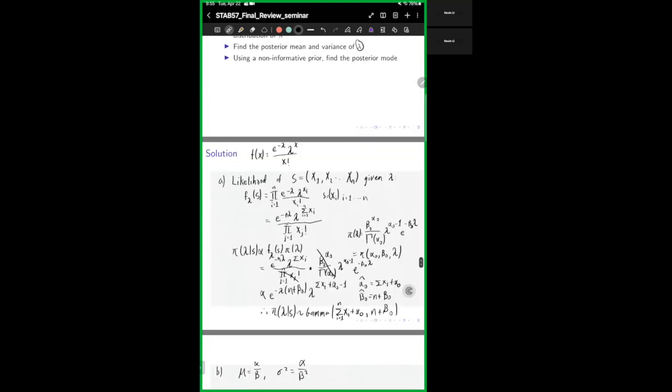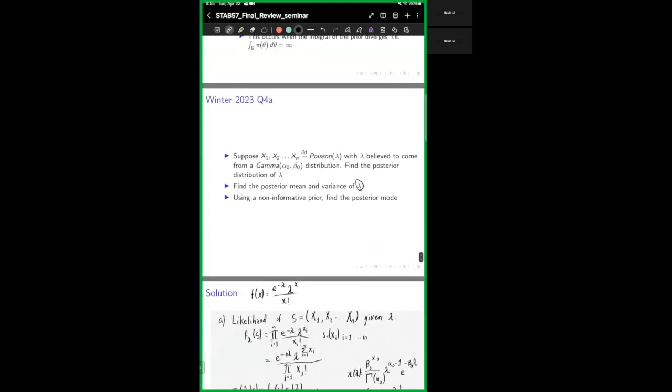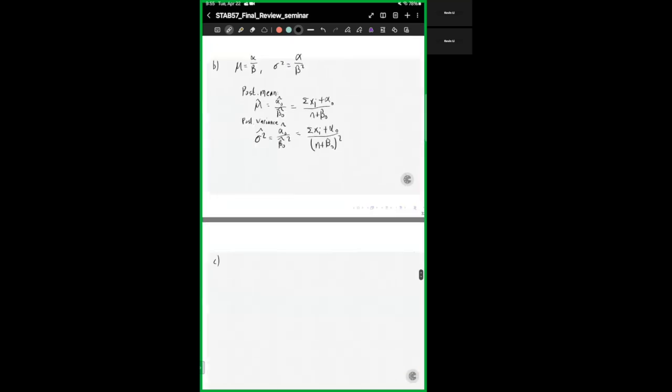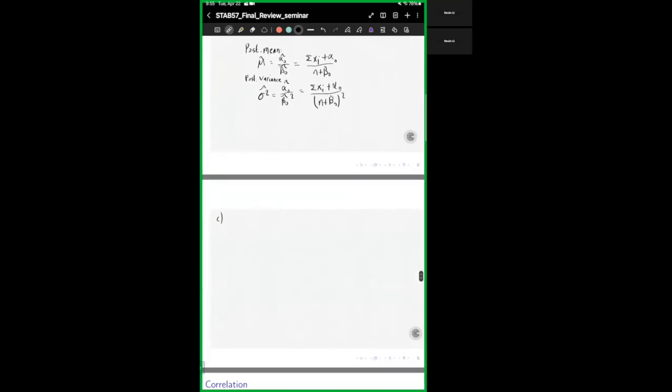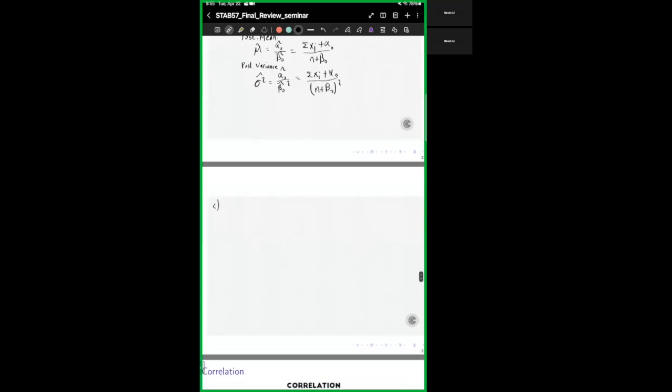Finally, using a non-informative prior, find the posterior mode. So under a non-informative prior, we do not have any favors toward any particular value of lambda. So the posterior mode instead depends solely on the information obtained by sampling. The posterior mode is the maximum likelihood estimate of lambda.